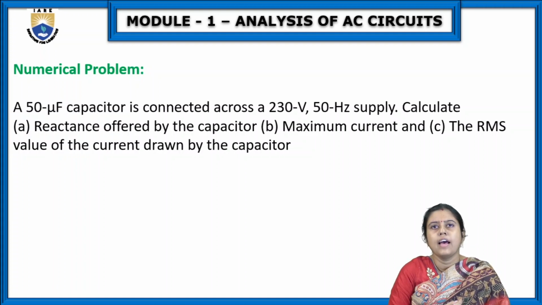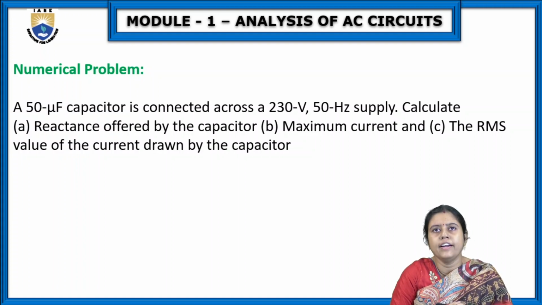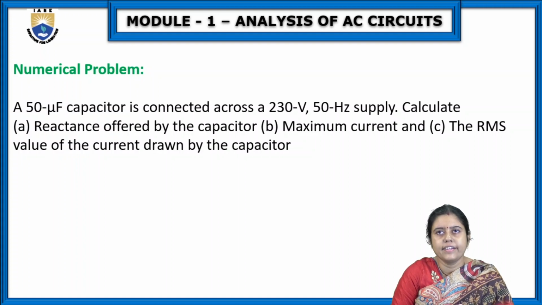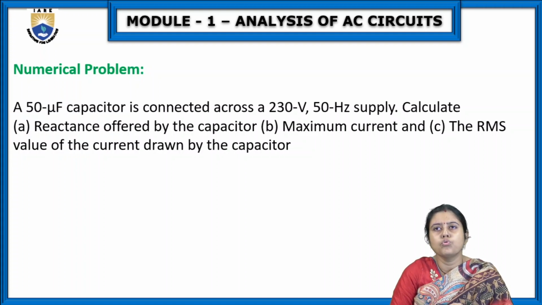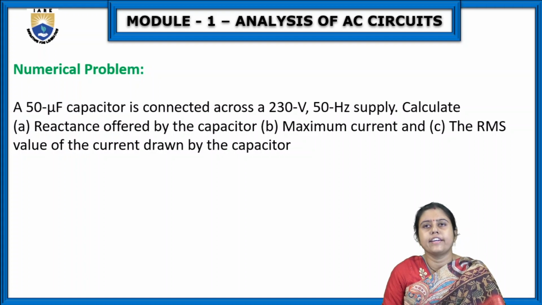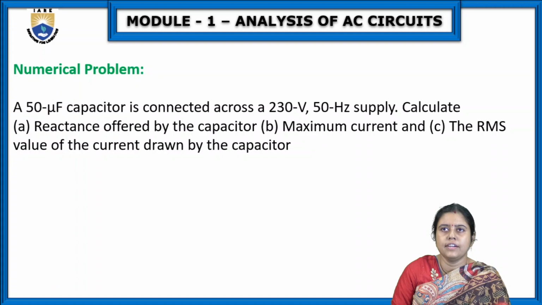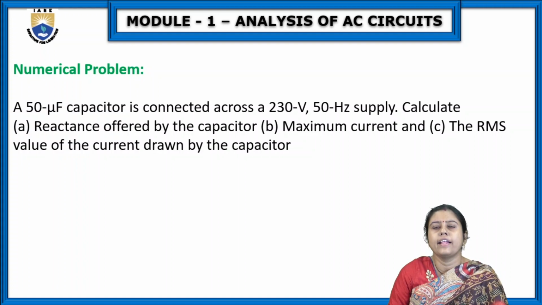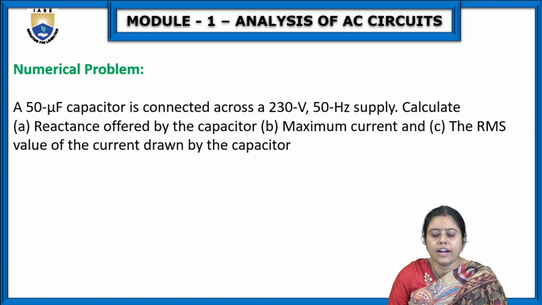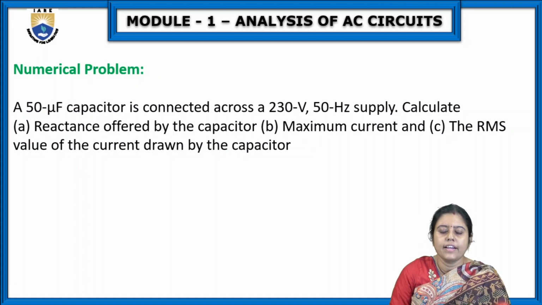Now we will go for another problem. A 50 microfarad capacitor is connected across a 230 volt, 50 hertz supply. Calculate the reactance offered by the capacitor, the maximum current and the RMS value of the current drawn by the capacitor.